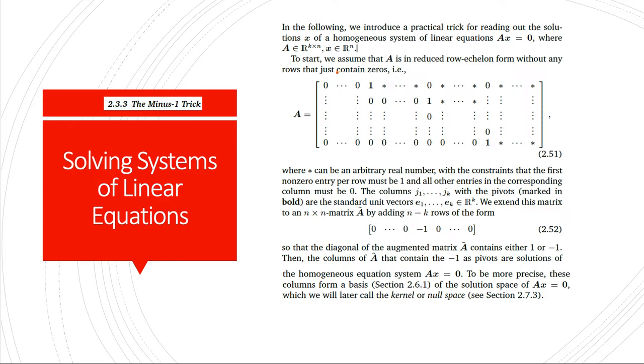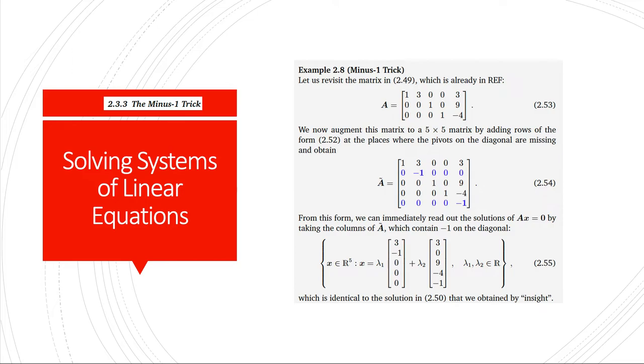This is also some trick to get the row echelon, so you can have a look at this on your own. And this is also an example which I will leave to you to solve.